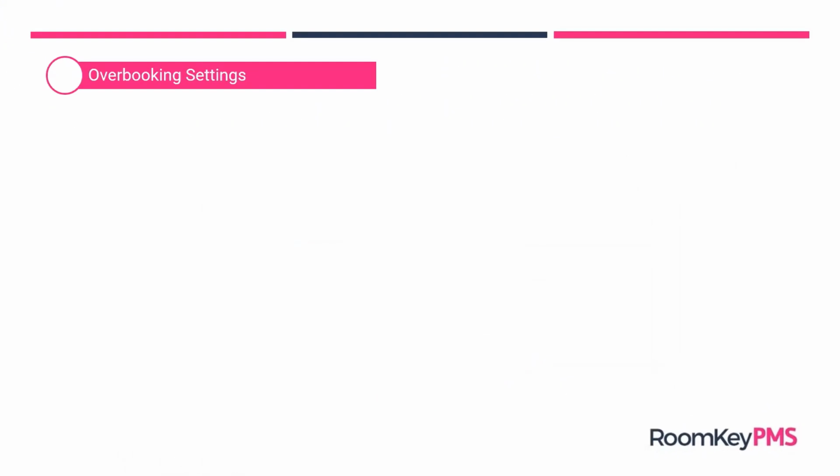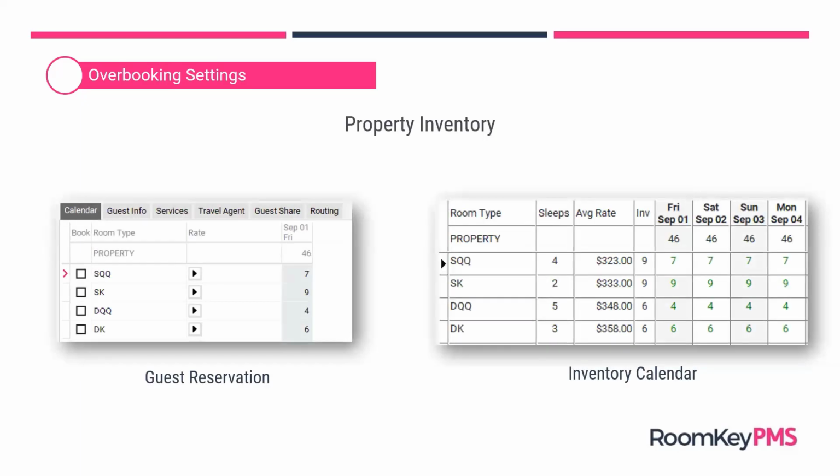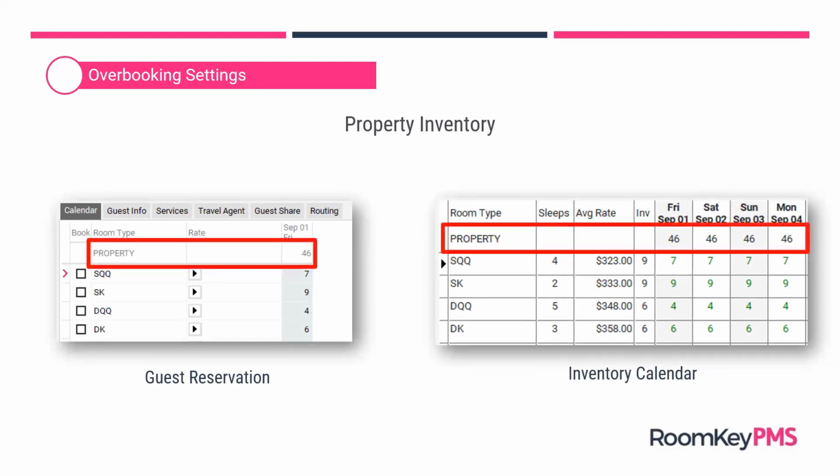The next setting that I want to take a look at is the property inventory. Now, this is something that you might have already seen when you are using RoomKey or viewing the inventory calendar. The property inventory appears at the top of the list of availability or list of inventory per room type. So in the two examples here, on the left-hand side, that's a guest reservation where we can see the total property inventory at the top.